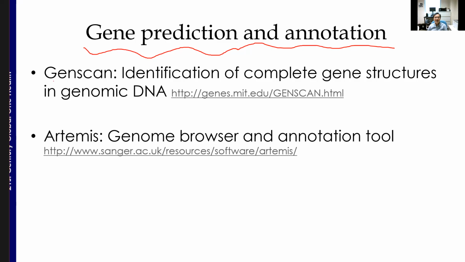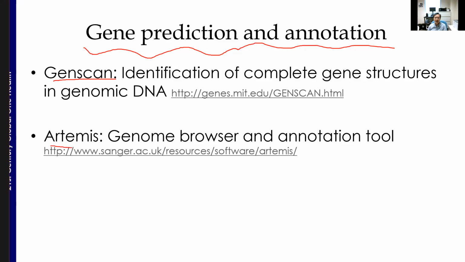So GENSCAN is a software tool that can identify the complete gene structures by using the genome DNA sequence alone. You can put your genome sequence fragment in this tool's website interface, and you will get an annotation telling you where the gene is and what the gene structure, the introns and exons, are.